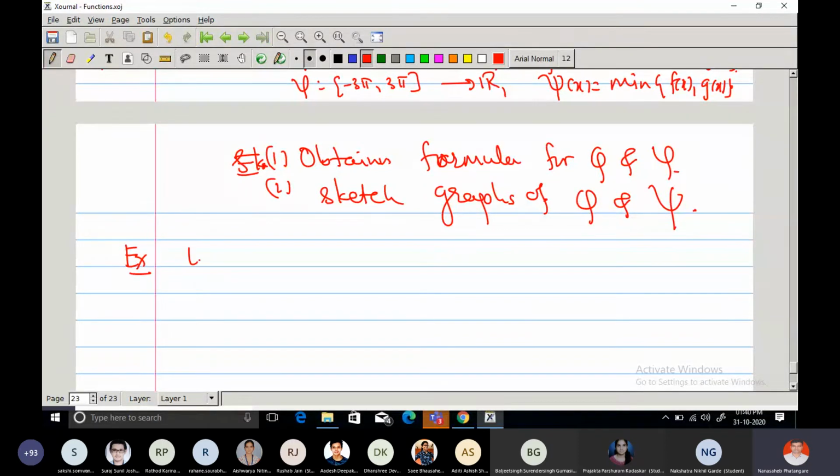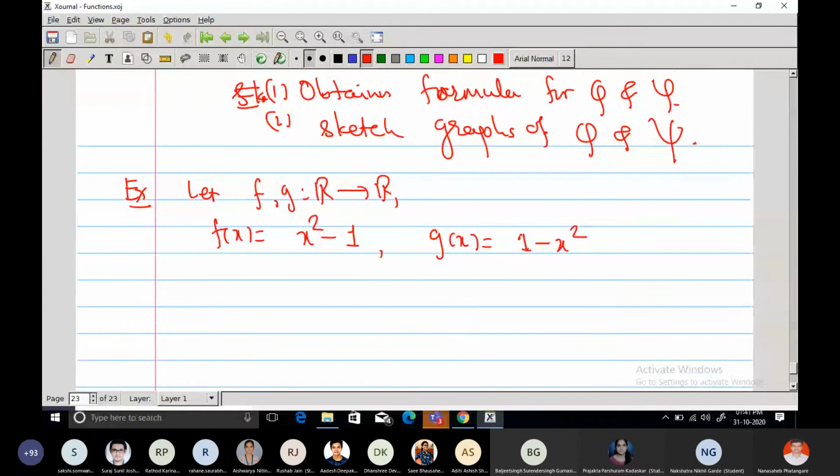Right. So let f and g be functions from R to R, f of x is equal to x square minus 1 and g of x is equal to 1 minus x square. Same thing I am repeating.